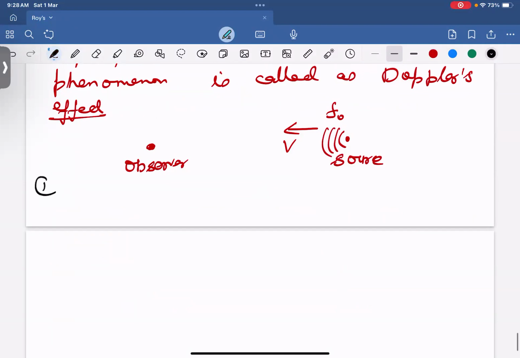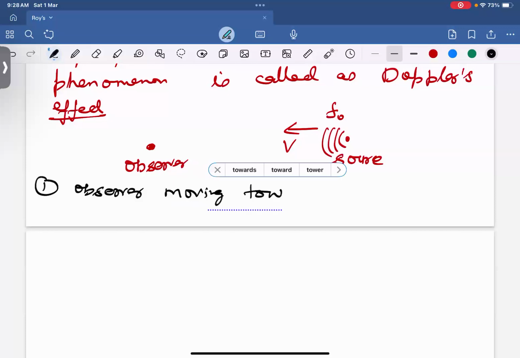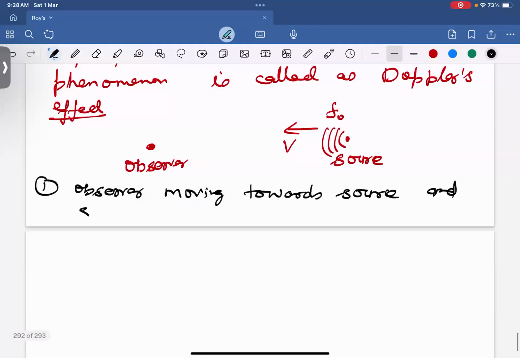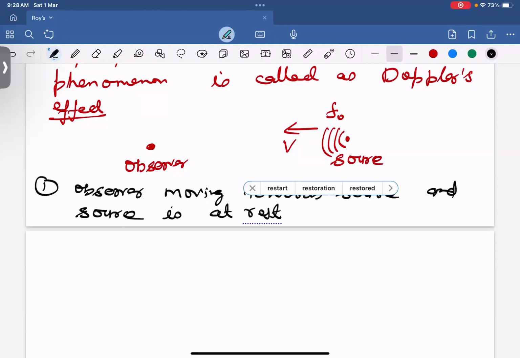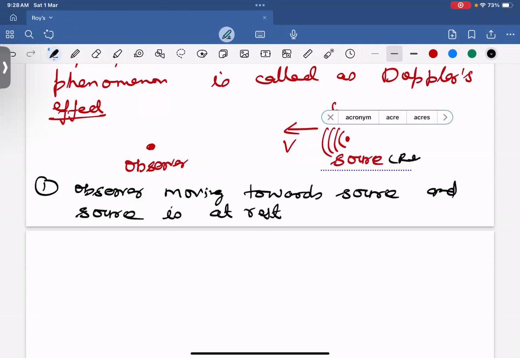The first case I am discussing is the observer moving towards the source, and the source is at rest. It is moving towards the source with the speed VO. VO means velocity of observer.